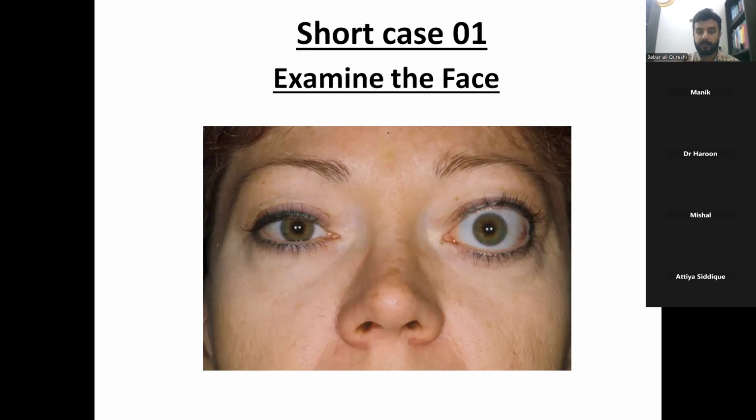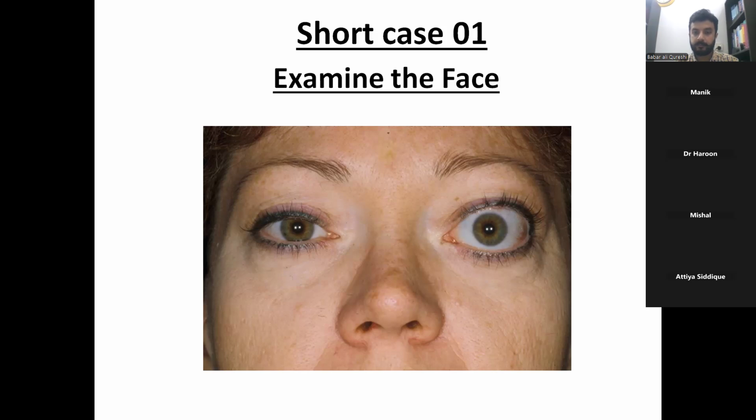After introduction and consent, I'll look at the face from the front, from the side, and from the superior view. And then I'll start with the examination of the eye. First, I'll palpate it, then check the temperature, pressure, two finger tonometry, whether it's compressible, non-compressible, pulsatile, cough impulse, and then check the bruit, and look at the bony orbital margins.